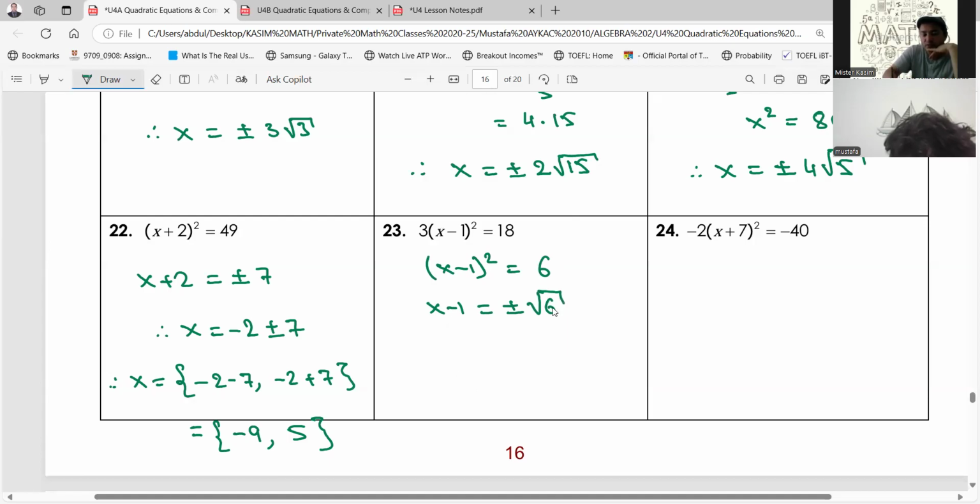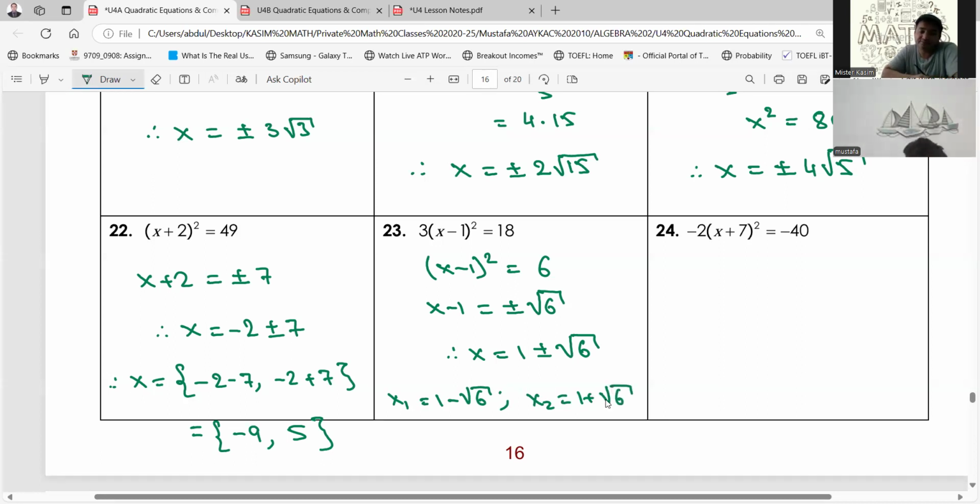And move negative 1 to the right-hand side, and we'll get the solution. The solution is 1 plus minus square root of 6. That's it. So it has two answers. That means the first solution is 1 minus square root of 6, and the second solution is 1 plus square root of 6. Exact answers.